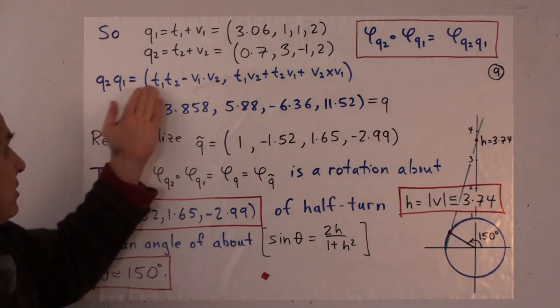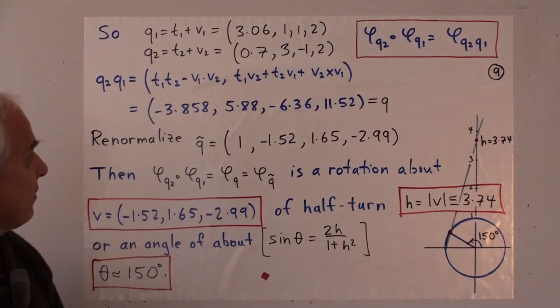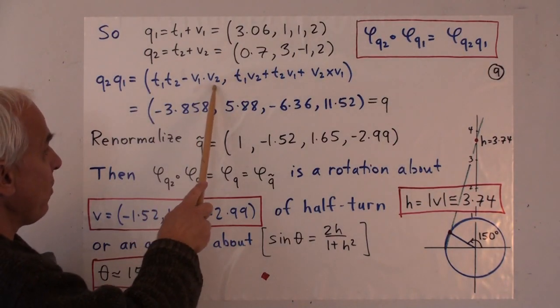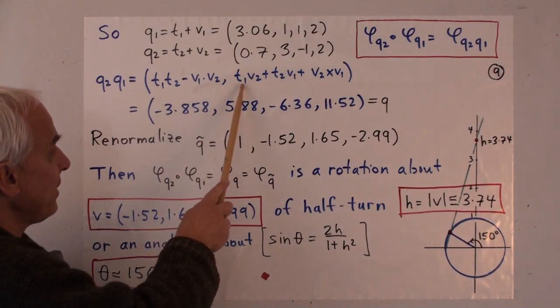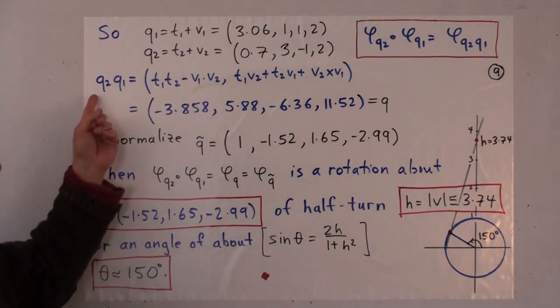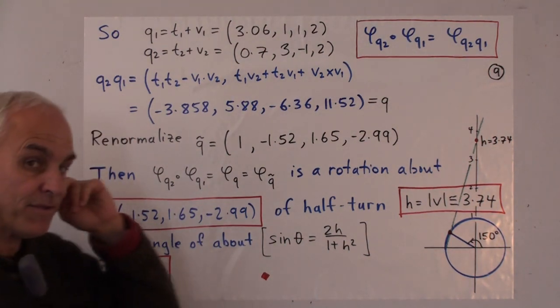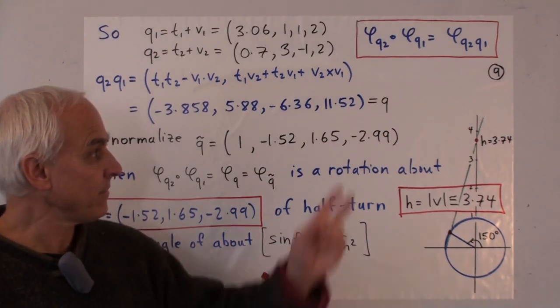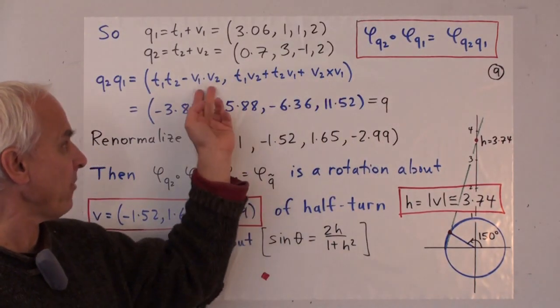Okay, so here is the formula in terms of scalar and vector parts. It's going to be t1 t2 minus v1 dot v2, and then t1 v2 plus t2 v1 plus v2 cross v1. And it's v2 first because the q2 is on the left here and the q1 is on the right. And the order does matter here. Order doesn't matter here.